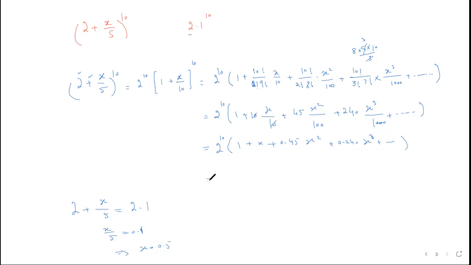Okay, so now we can say that this is going to be 2.1 power 10, and that is 2 power 10 times (1 plus 0.5 plus 0.45 times 0.25, then plus 0.240 times 0.125, plus so on to the higher order terms), isn't it, Hope?